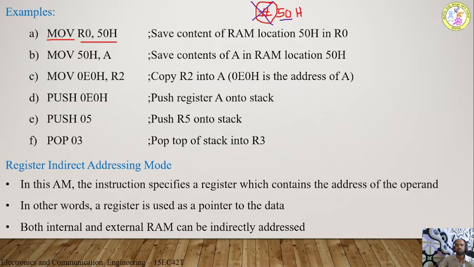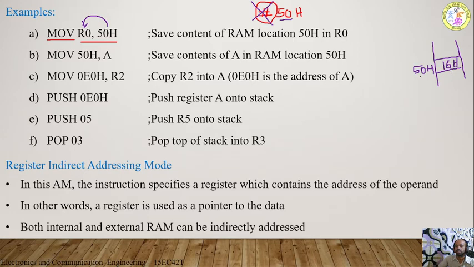So what this instruction will do, whatever the content there in this memory location, that content will be copied to register R0. Now let us assume that this is the memory, and this memory is having address of 50H. Somewhere in the memory you should have this address 50H, and this 50H contains the data 16H, hexadecimal 16.